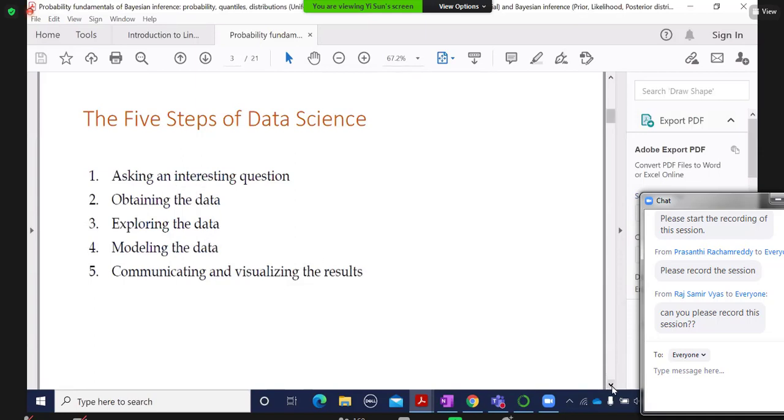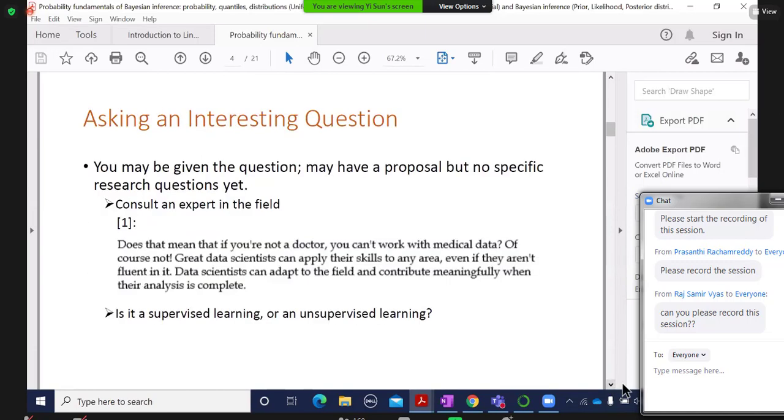Now, let's have a look at each step in details. First, asking an interesting question. You may be given the question. That is, your customer may ask the questions directly to you, or your boss may assign some specific tasks for you to solve.